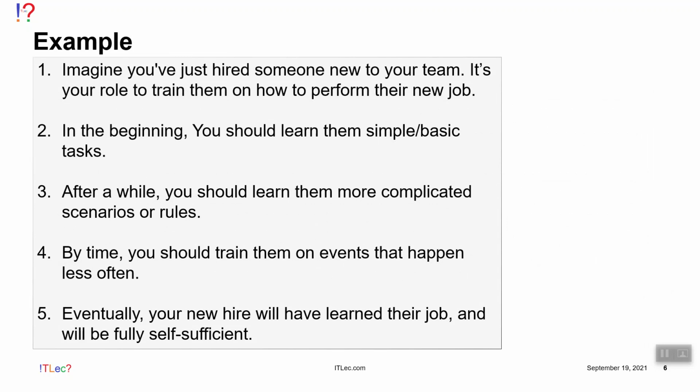So for example, imagine you have just hired someone new to your team and you have to train him. What will you do? First, you should go for an onboarding program. After that, start with basics and simple tasks.